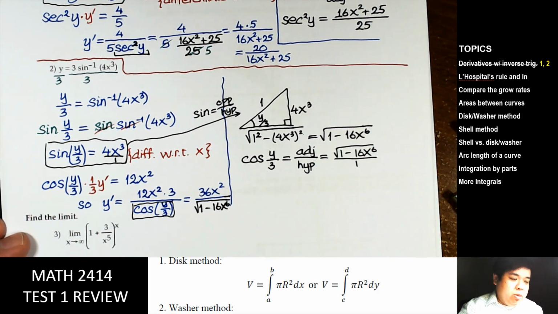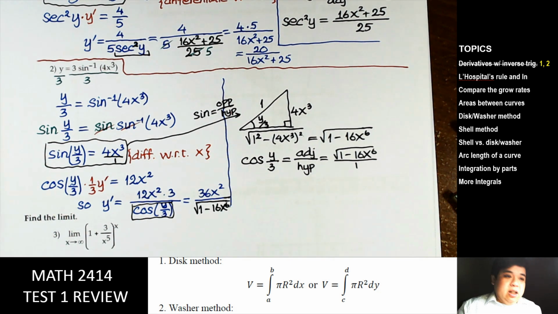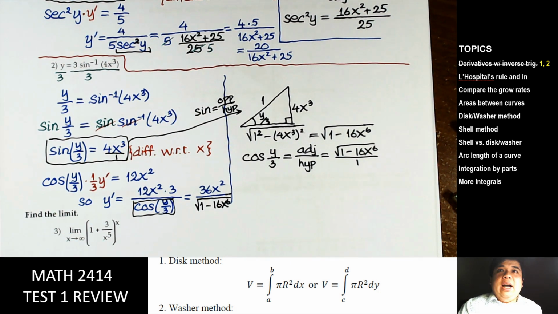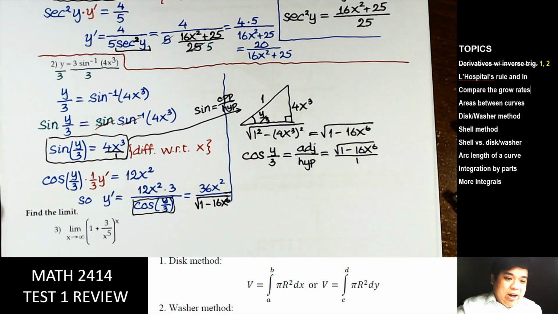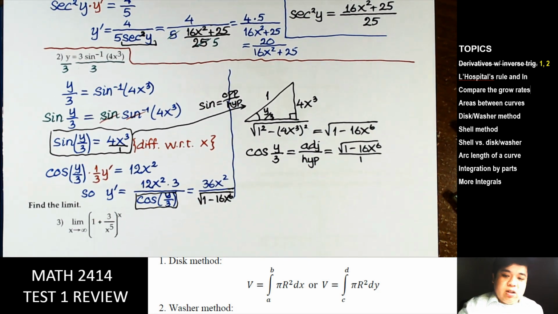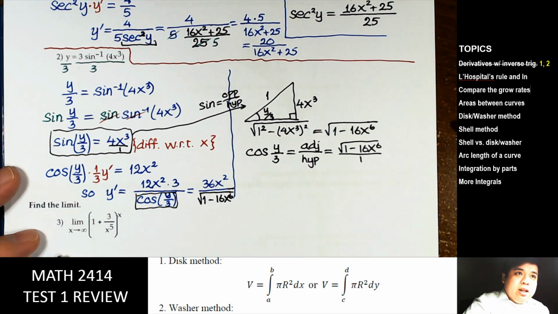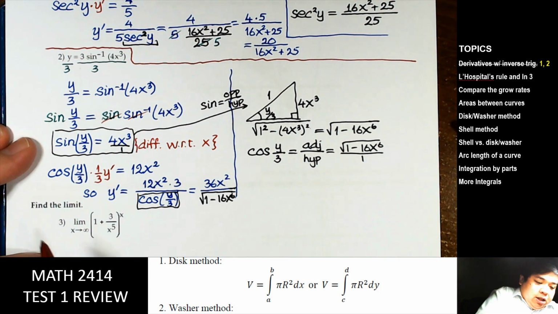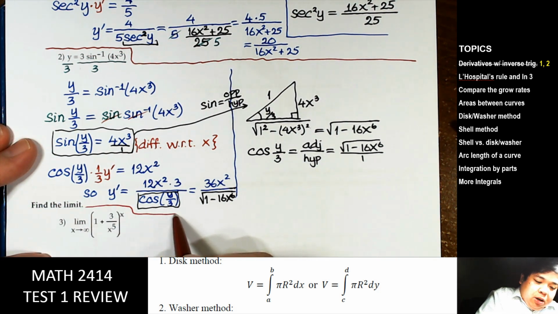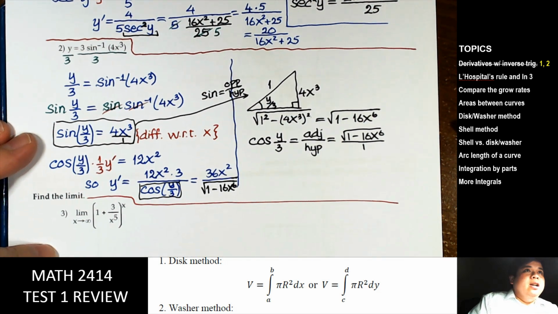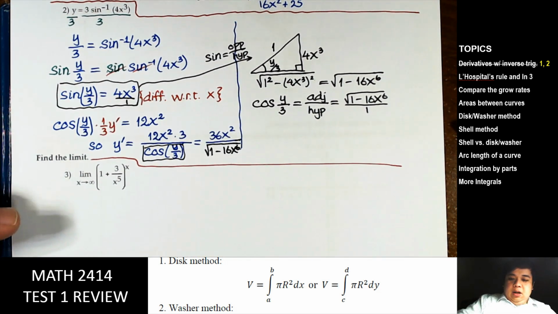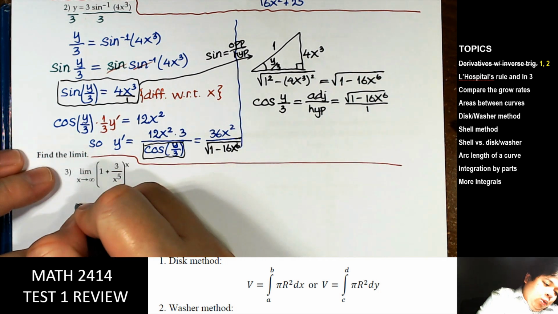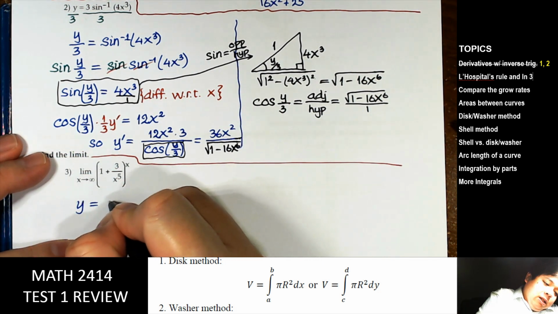The first topic. Next we'll find the limit using L'Hospital's rule, and that involving the ln, the natural log. So first, we look at number 3 here. Again, just kind of separate the problems. So first, we'll let y equal to that limit.